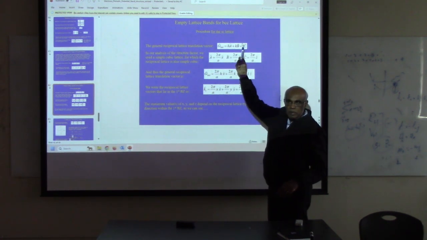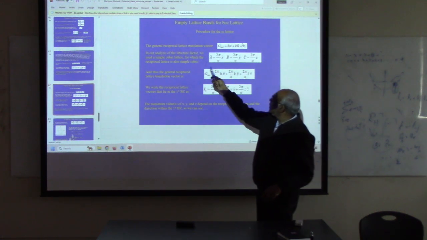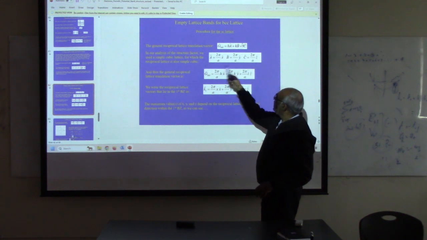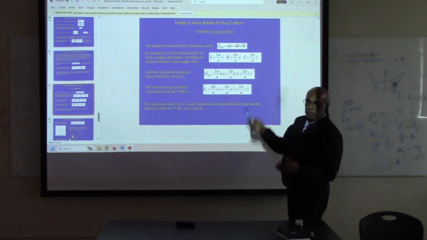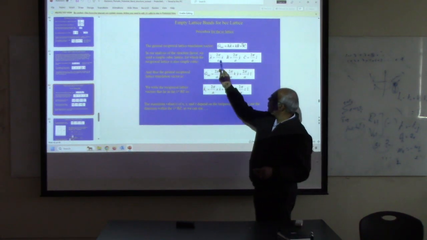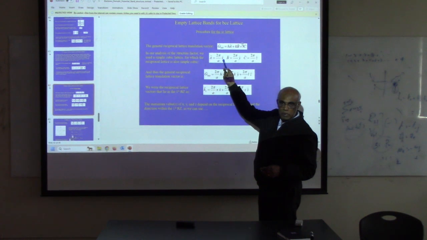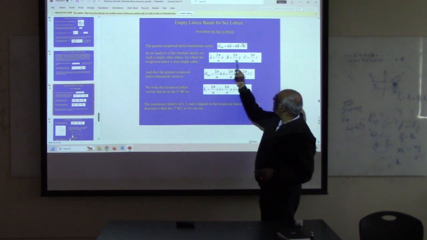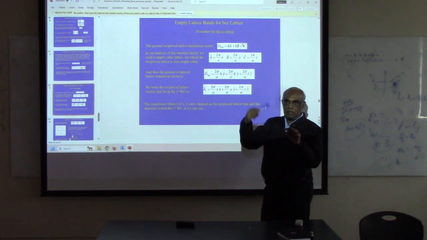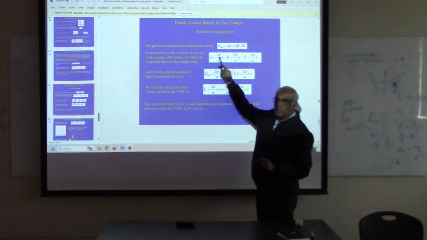Is this fine? Now if I write a for a simple cubic structure, it can be any cubic structure, you can write it as 2 pi over a times the unit vector. Please remember this: if the lattice constant is a in real space, the reciprocal space is 2 pi over a, right?